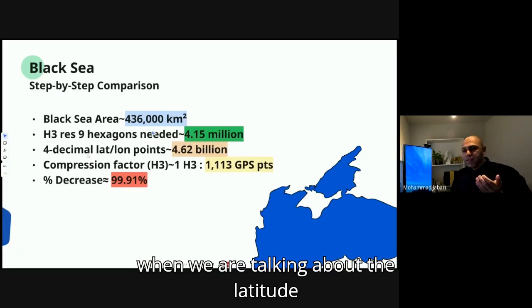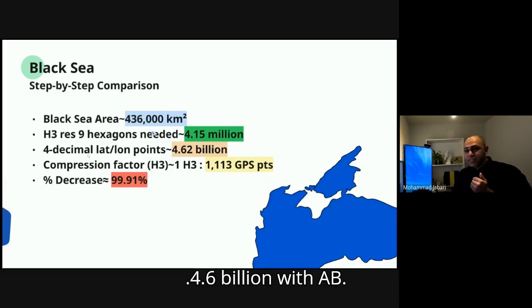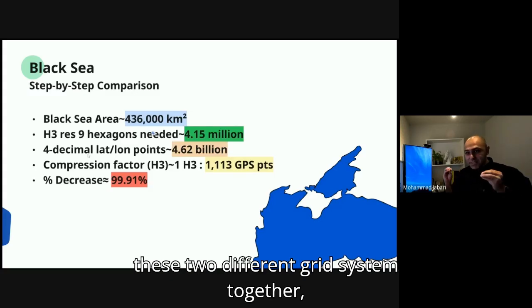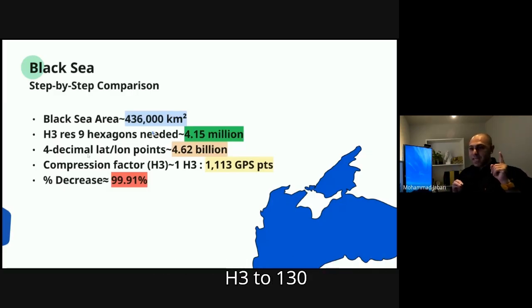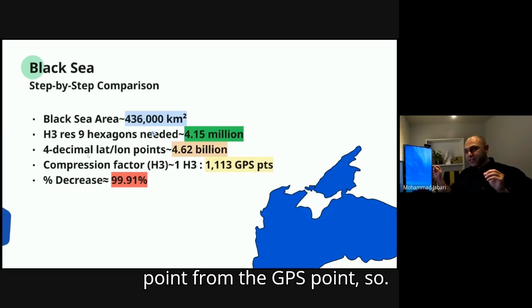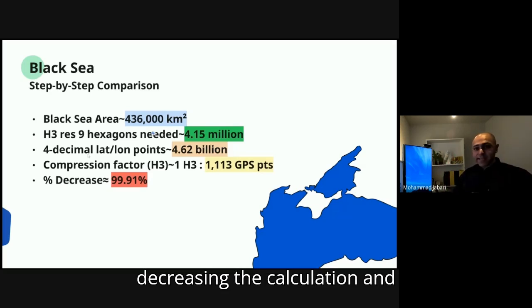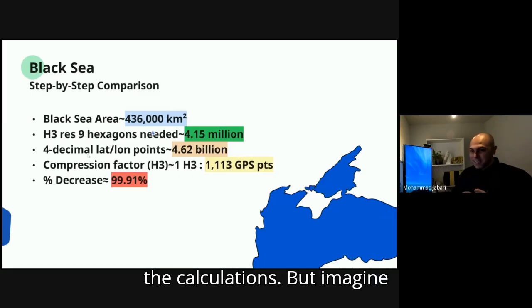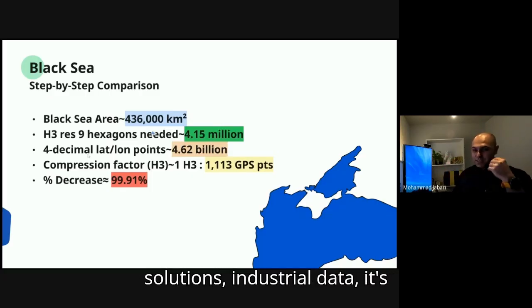But with latitude and longitude, we are facing 4.6 billion, with a B. If we compare these two different grid systems, it's 1 point from H3 to 130 points from GPS. So it's around a 99.9% decrease in calculation. I'm oversimplifying, but imagine we are facing industrial solutions, industrial data.